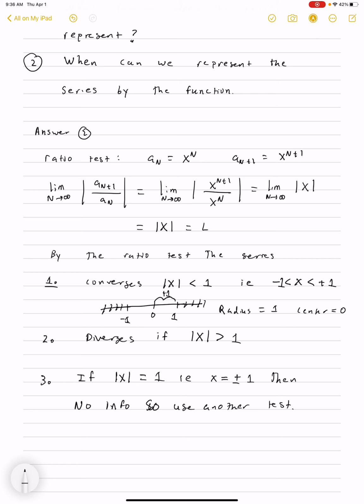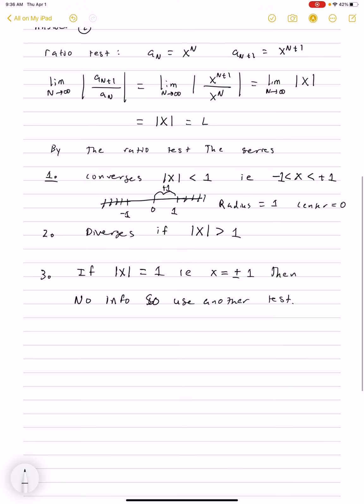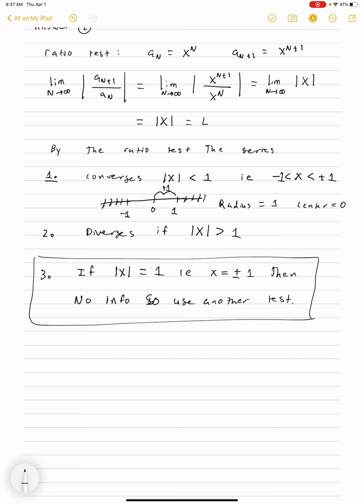Okay, well, I'm going to investigate plus or minus 1. Okay, and let's take this third step a step further. This is the part where if you're using the root test or the ratio test, you need to try another test. So let me just plug in x equals 1 into the series.